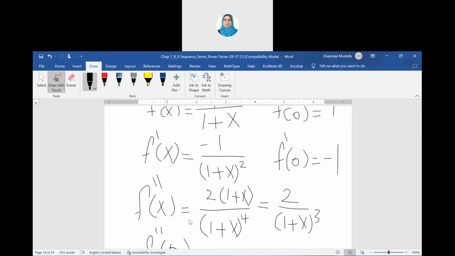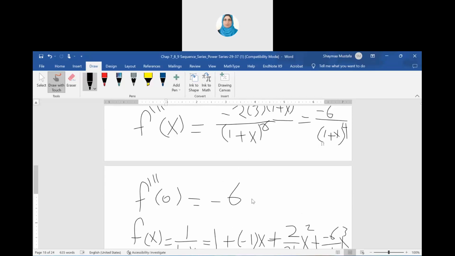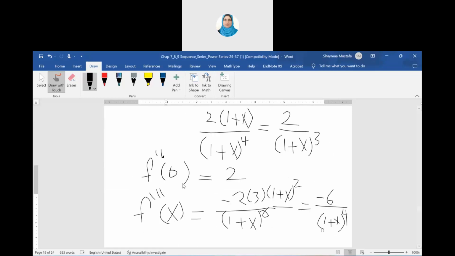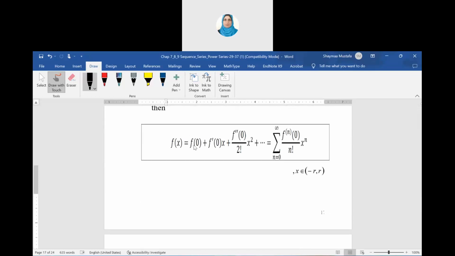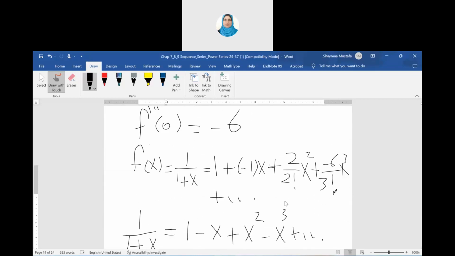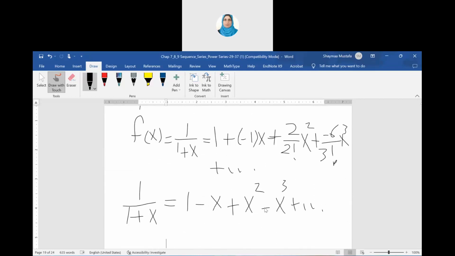And then the third one, minus 6 over 3 factorial, x cubed. We apply this theory, this term. Now this is your series, 1 minus x plus x squared minus x cubed.